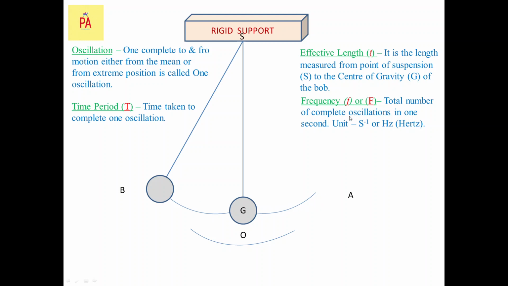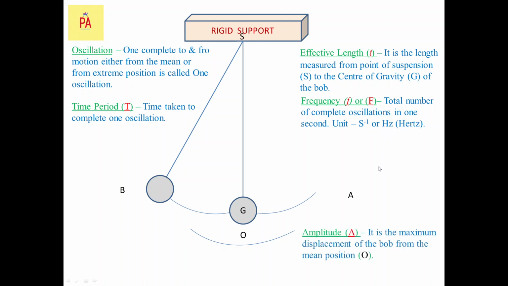Frequency means the total number of complete oscillations in 1 second. The unit is number of oscillations per second, that is second inverse, which is normally denoted by Hertz. H-E-R-T-Z is the spelling. H will be capital, the rest in small letters.